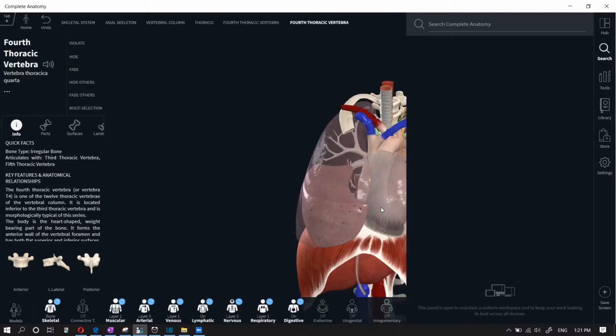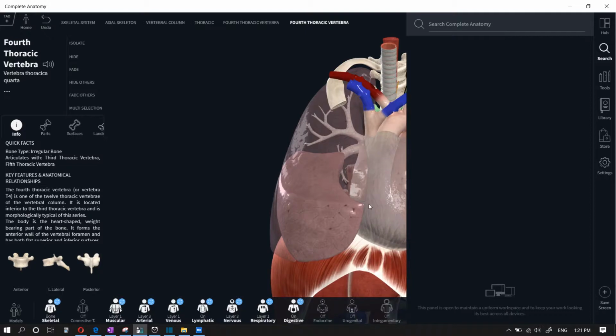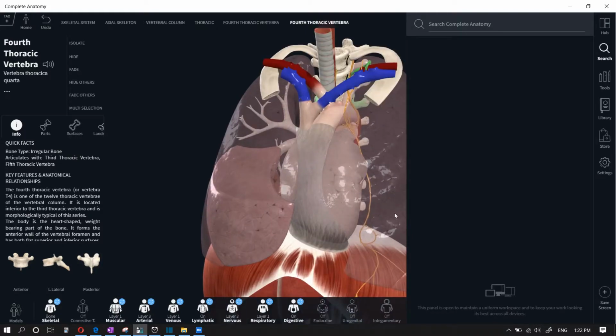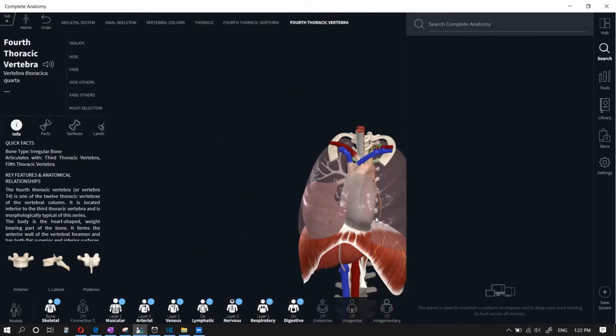The horizontal fissure corresponds to the fourth costal cartilage right here, which attaches to the sternum.